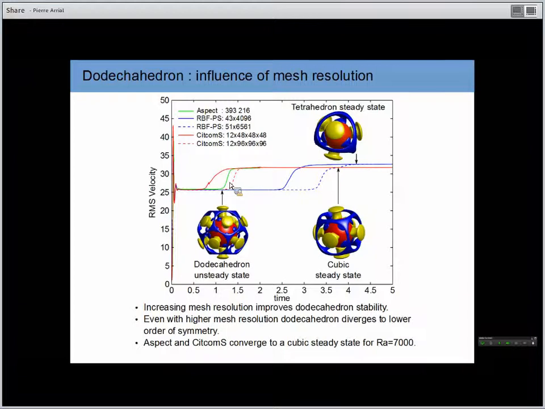After a period of time, plumes are going to move and start to merge together, and finally converge to a lower order of symmetry. For a Rayleigh number of 7,000, the dodecahedral pattern leads to a cubic steady state. I'm going to show you how this evolves. Here you can see the dodecahedral pattern, and slowly plumes are going to merge and finally converge to a cubic steady state.